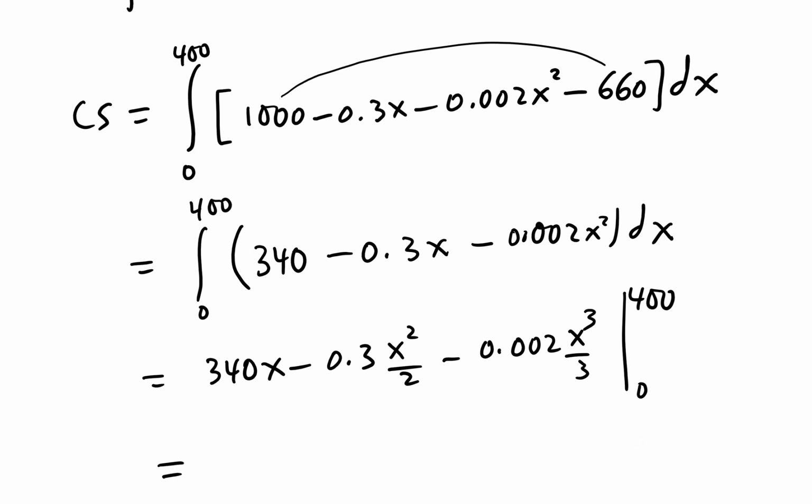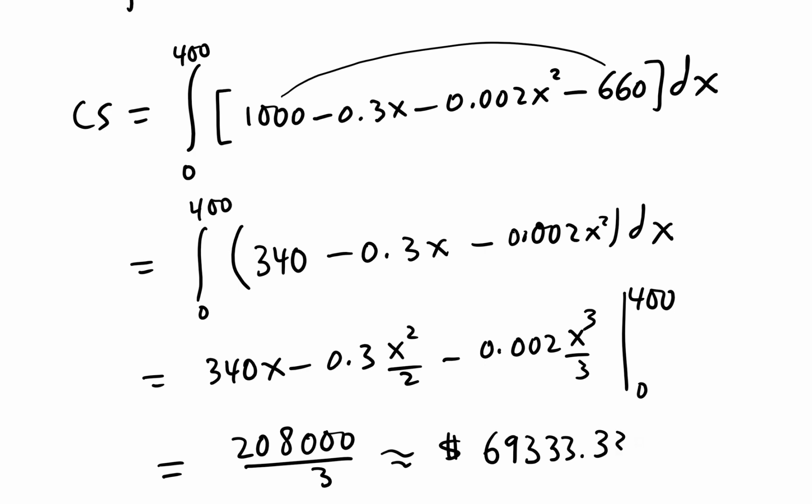If you substitute the 400 in and do the work, you're going to get 208,000 over 3, which is about 69,333.33.